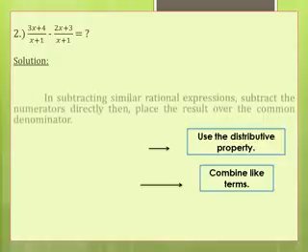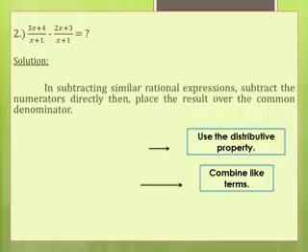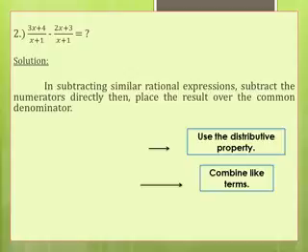In subtracting similar rational expressions, we subtract the numerators directly, then place the result over the common denominator. So, 3x plus 4 over x plus 1 minus 2x plus 3 over x plus 1 is equal to 3x plus 4 minus the quantity of 2x plus 3 over x plus 1.